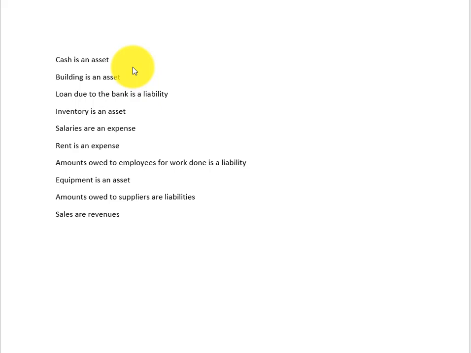Every day as they work, there is an expense for their time that they have earned. But because you don't pay them, there is a liability. You owe them for that work. And this amount owed is that liability part. They have worked and it was an expense, but you haven't paid them.